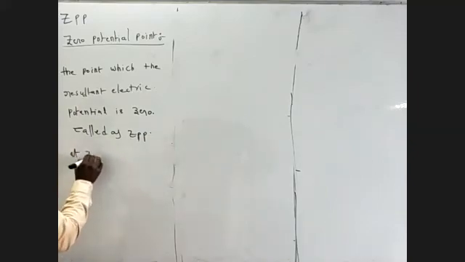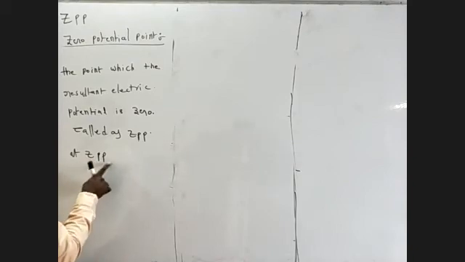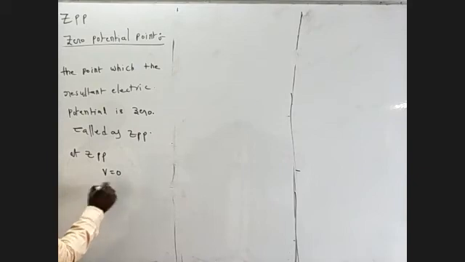So at ZPP, meaning the zero potential point, the electric potential is 0, but the electric field is not equal to 0.